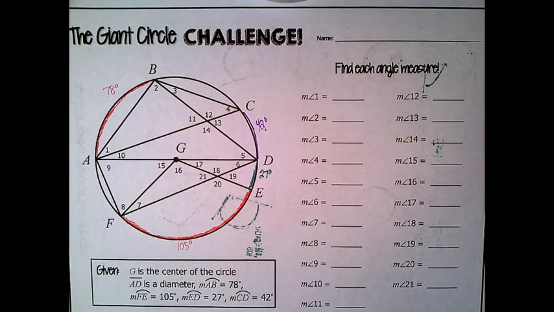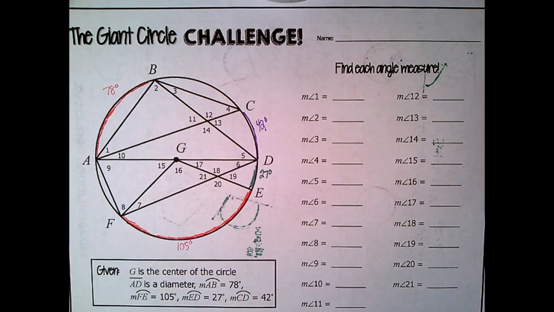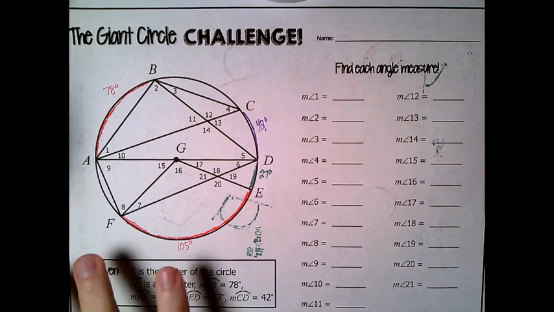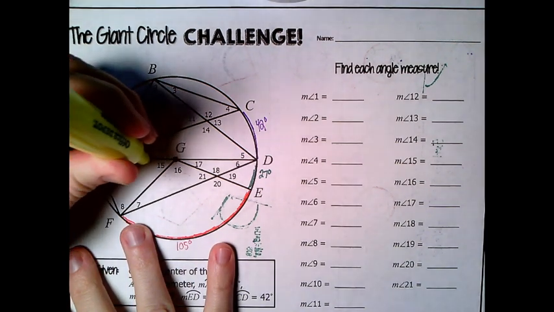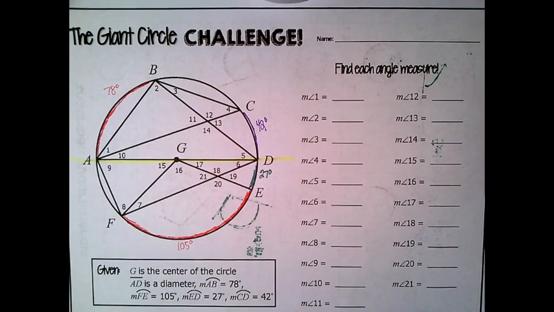Let's do this first. I think the first thing you do is tackle the outside of the circle. You try to get all the arcs taken care of. They tell me that AD is a diameter. If that's a diameter, then the top half is 180 and the bottom half is 180.